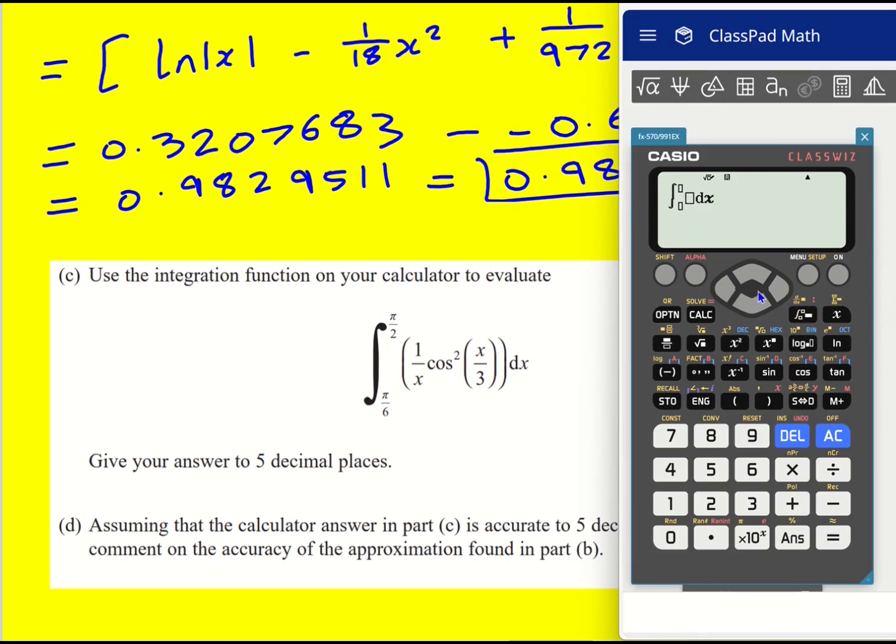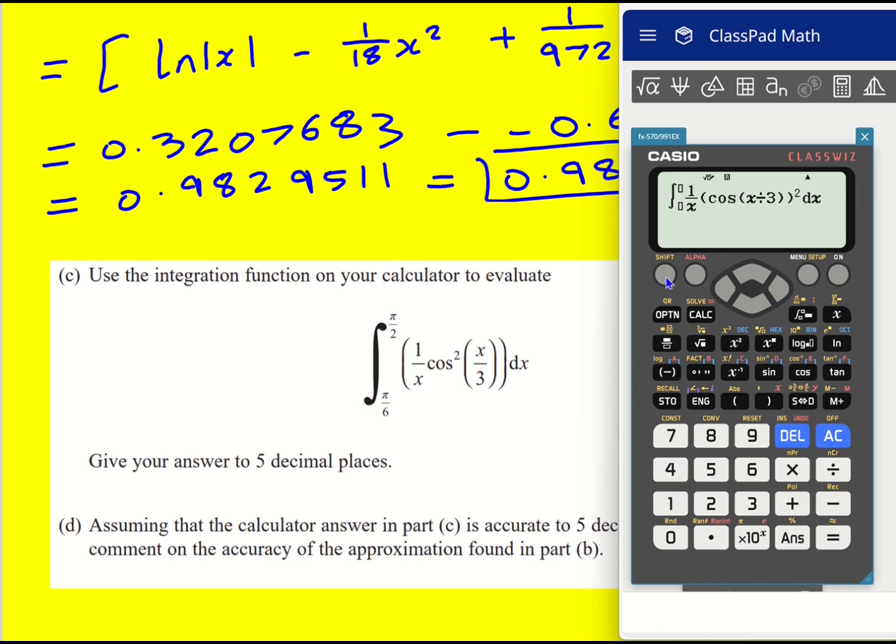Integral, and make sure, yeah, I think we have to be in radians here. I'm not sure it will work otherwise. 1 over x, and then cos squared x over 3, right? So be careful here. Cos x over 3, bracket, close that bracket, and then square it. I think if you put the cos is the squared there, I don't think it works very well.